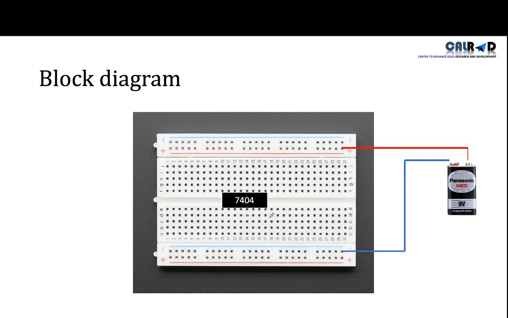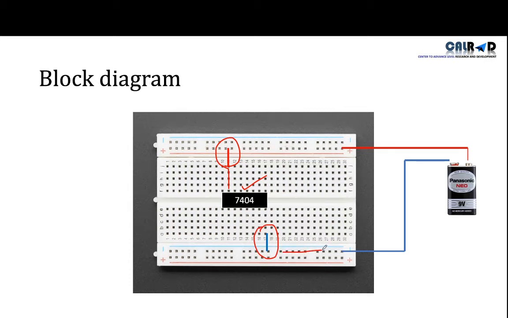So for the block diagram, first we will take the breadboard and we will put the IC 7404 on the breadboard. Second, we will connect our leg 14 with the positive terminal. Third, we will connect our leg 7 with the negative terminal.